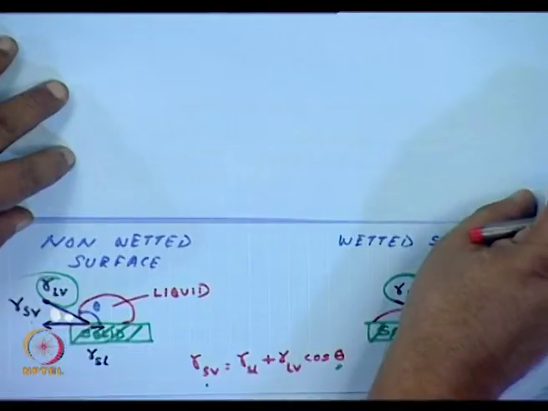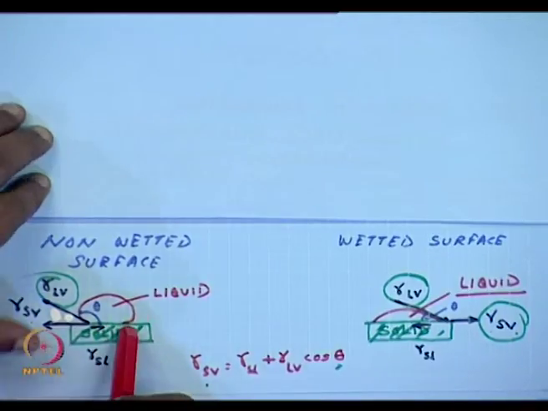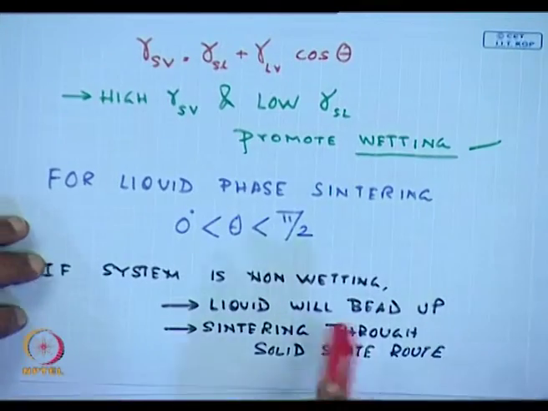What happens if we have a system where the surface energy concentration is such that the liquid does not wet the surface, and it forms a globule? If the system is non-wetting, then the liquid will form beads and collect at places.